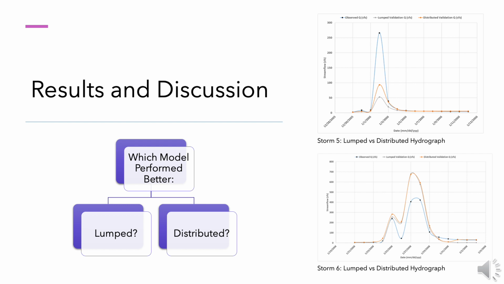The top figure confirms that the orange peak distributed flow came closer to the blue peak observed flow. Looking at the bottom figure, Storm 6's orange distributed model hydrograph, with higher RMSE and percent bias, still more closely matched the blue observed flow hydrograph.